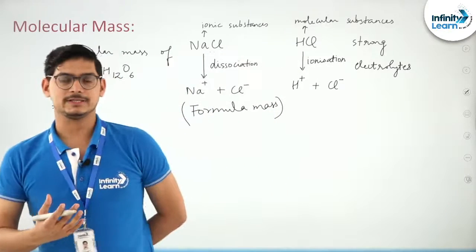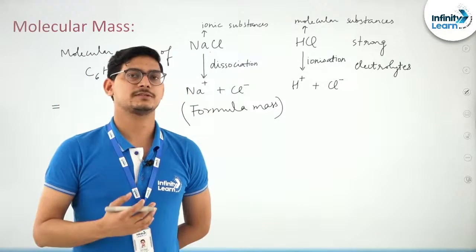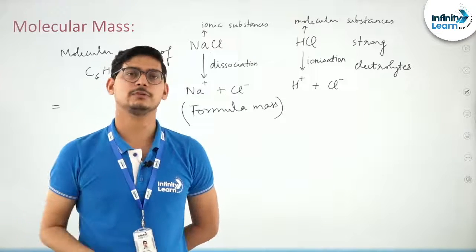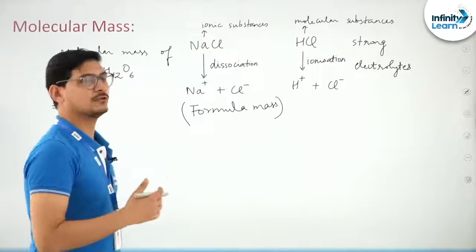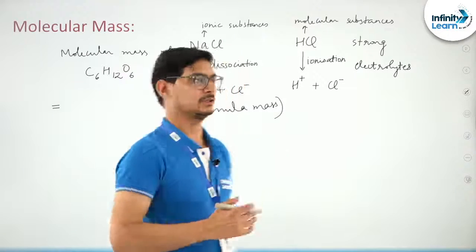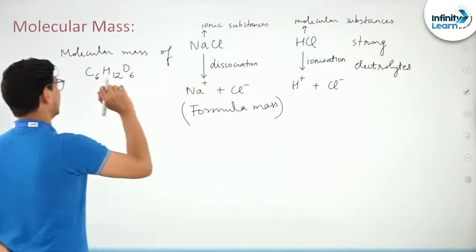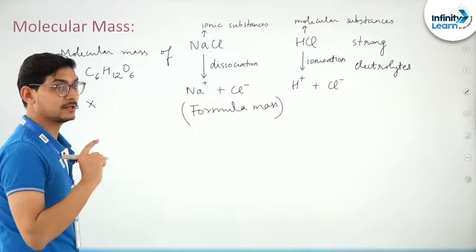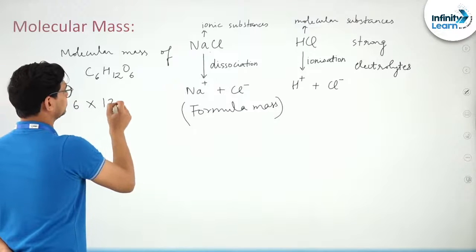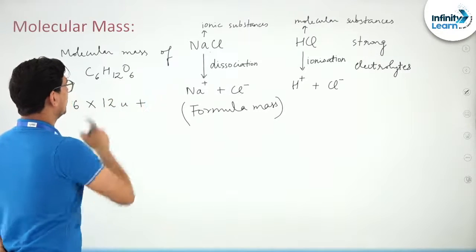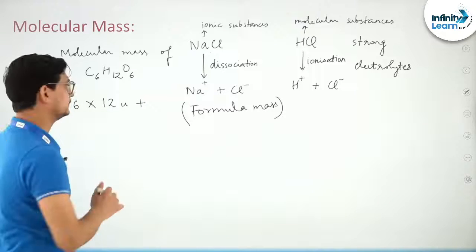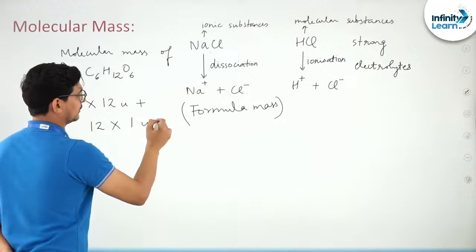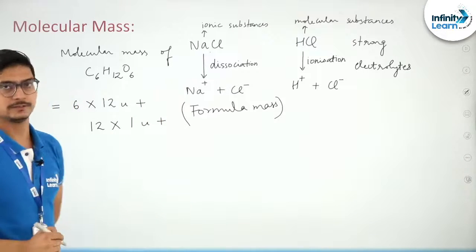Molecular mass is simple. It is the sum of the masses of all the atoms in a molecule, right? You can note this down in your book. Molecular mass is the sum of the masses of all the atoms in a molecule. So it's a simple algebraic calculation. There are 6 atoms of carbon and the mass of one atom of carbon is 12 AMU, plus how many atoms of hydrogen are there? 12. And what is the mass of one hydrogen atom? The relative atomic mass I am talking about is 1 AMU, right?